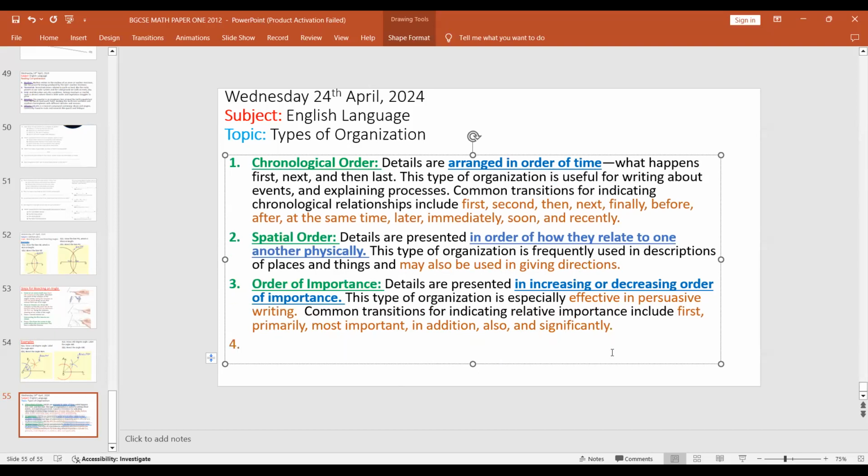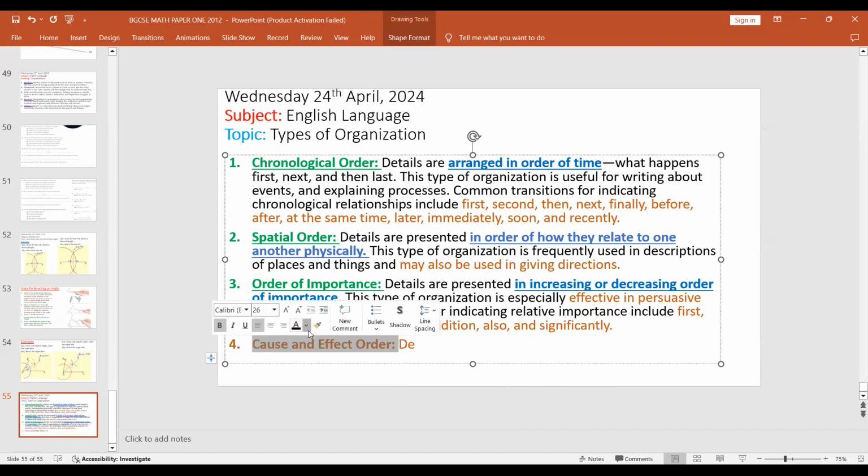The fourth type of organization is what we call the cause and effect order.